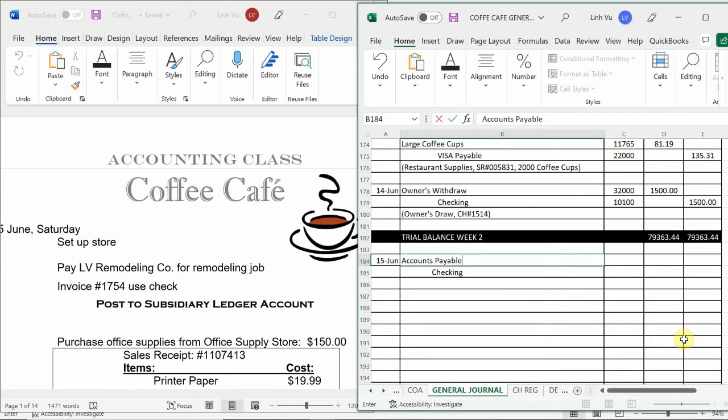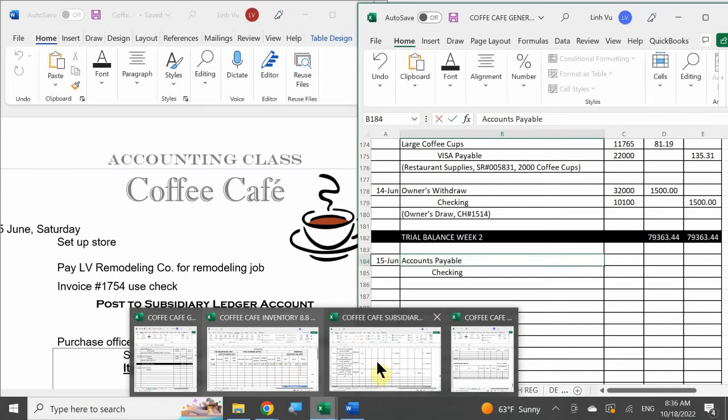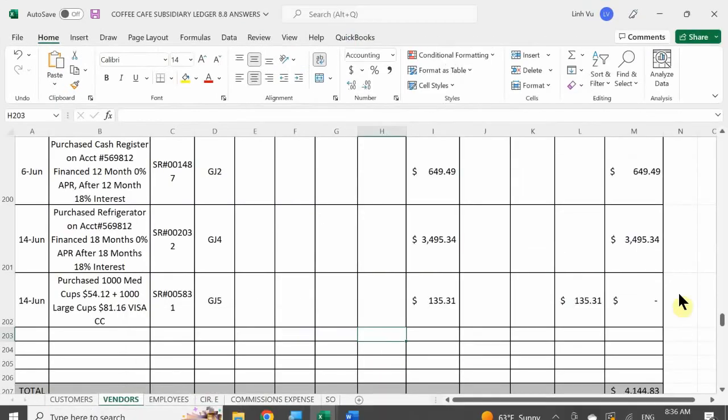Expenses do not tell us about our liabilities. Where do we go to figure out who we owe? Vendor list. Our vendors list, right? Under our subsidiary ledger. Okay, so this one.